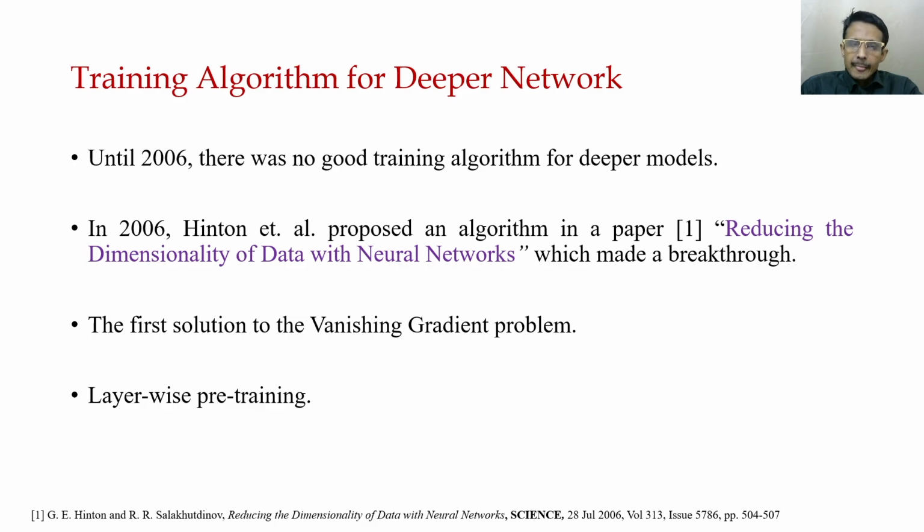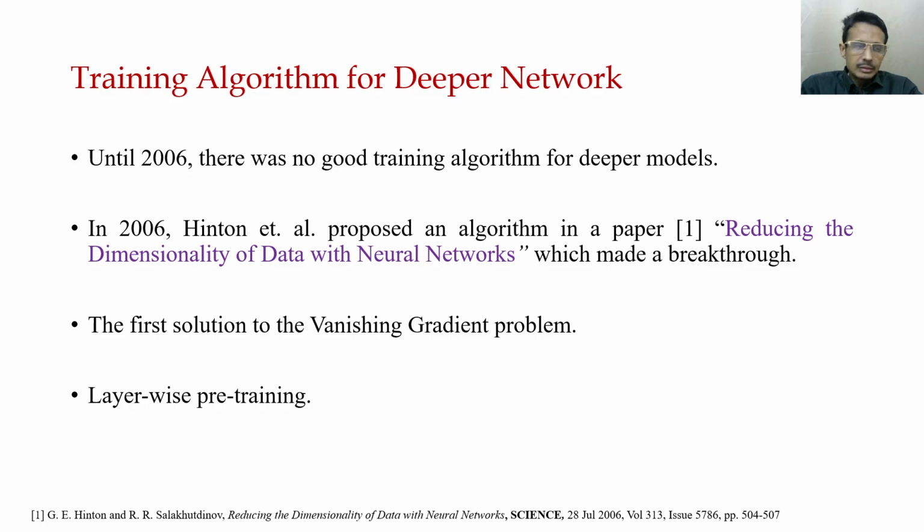The major breakthrough came in 2006, when Hinton et al. invented an algorithm in their seminal paper, reducing the dimensionality of data with neural networks, which essentially made this breakthrough.